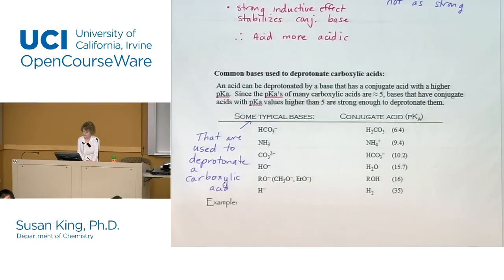Notice the conjugate acids of those bases are all greater than 5. And that's what we want to look for.